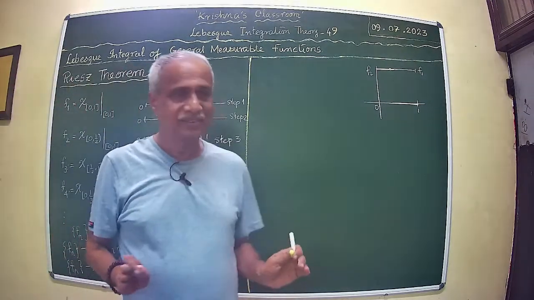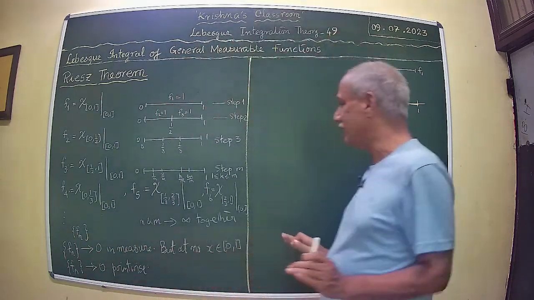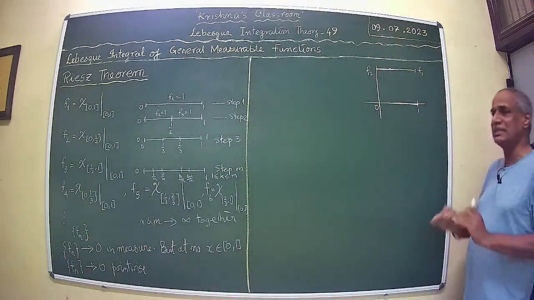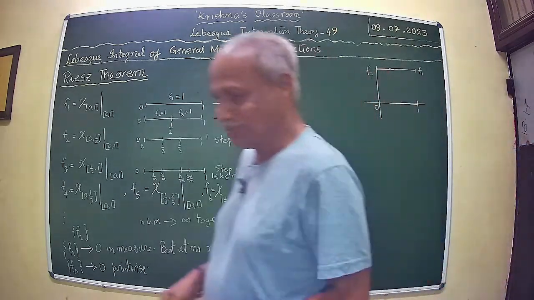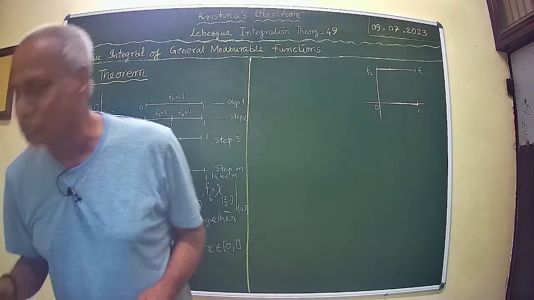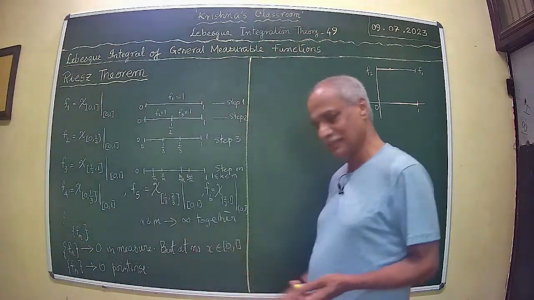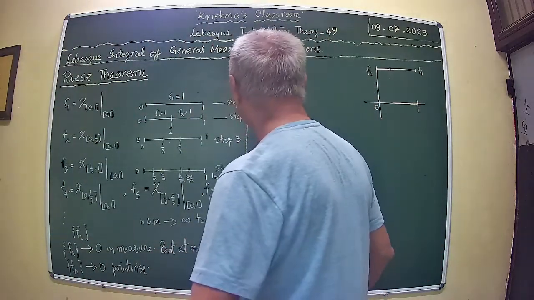It hugs 0, but it doesn't merge with it. If you want some fancy terms to be used for that, then this is what it is. So I would put it this way.